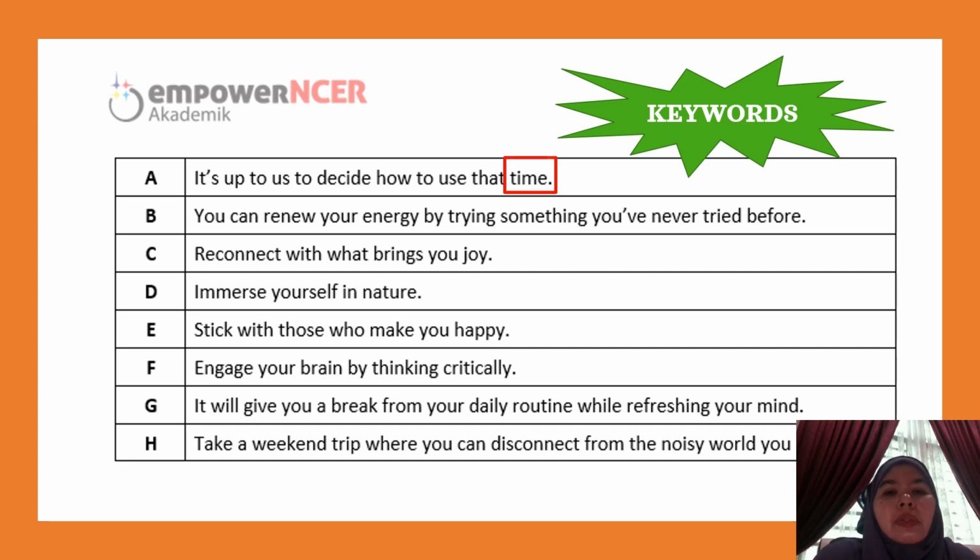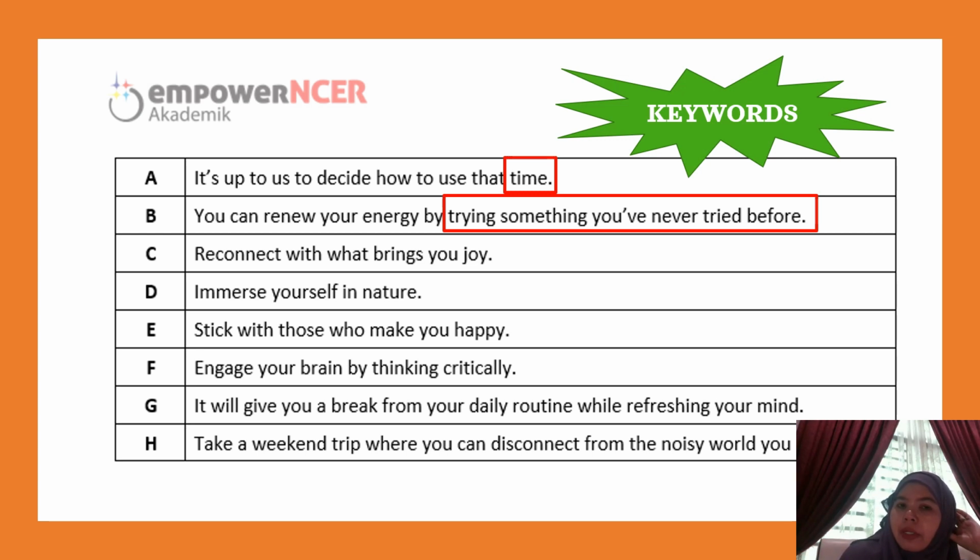The keyword here is time. Okay, next, let's look at B. You can renew your energy by trying something you have never tried before. What are the keywords here? The keywords are trying something you have never tried before.